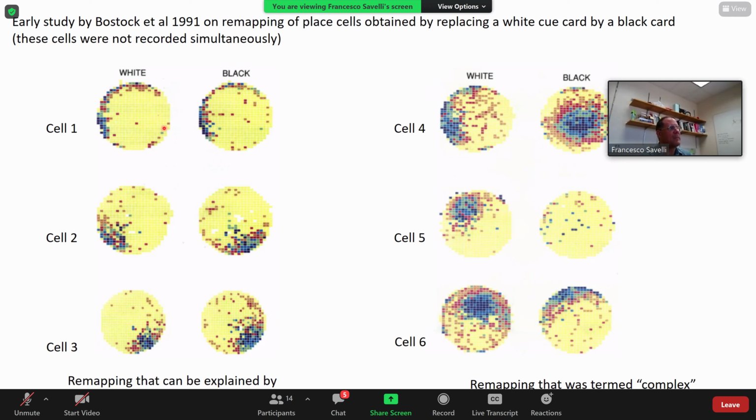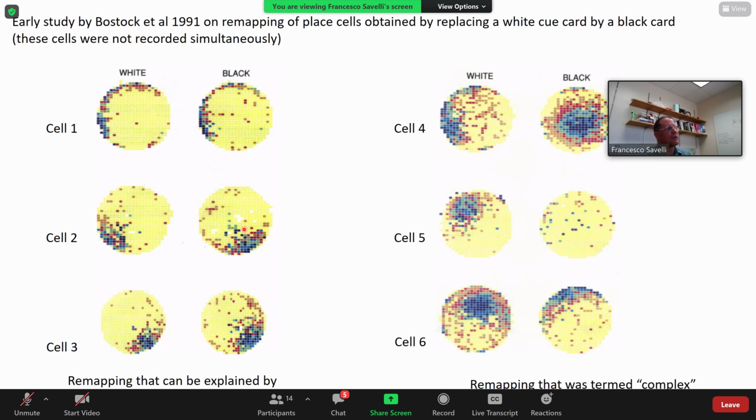Obviously, yellow means no activity. This blue here means high activity. So there is a place field here around the perimeter. It seems pretty similar. So for cell one, the place field really didn't change. Now you look at cell two though, and now this changed. There's a place field here.